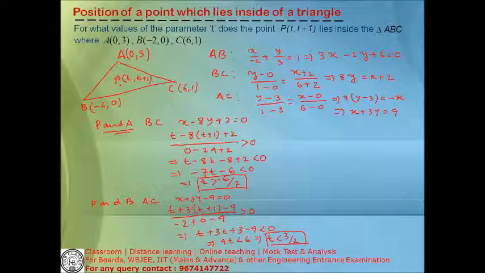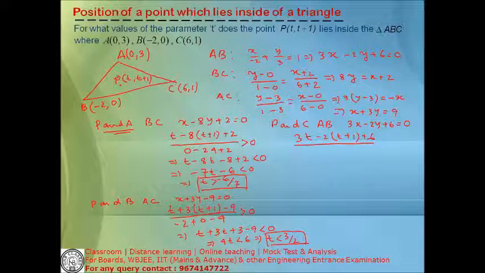Now the last one is the points P and C. Points P and C are lying on the same side of AB. Therefore, the equation of AB is, what we got, 3x minus 2y plus 6 equals 0. So we will write it as (3t minus 2(t+1) plus 6) divided by the value at point C, which is (6, 1), so 3 into 6, that is 18, minus 2 plus 6, is greater than 0.